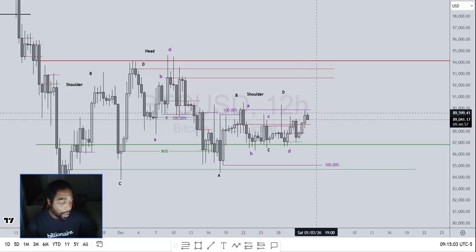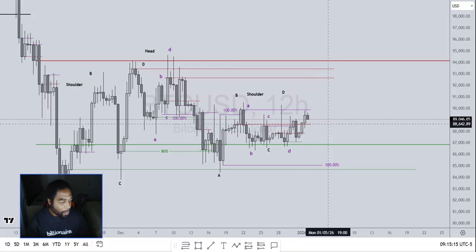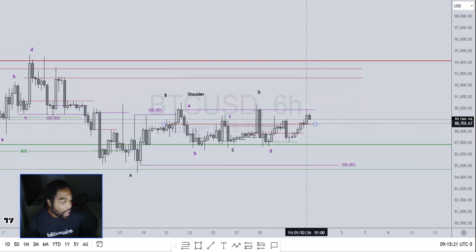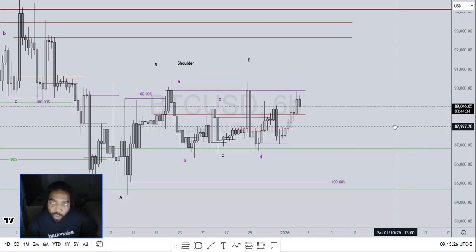Now, to determine what price is doing, our job is to just read this price action and understand what price is doing right now. You feel me? So to determine what price is doing on the 12-hour, inside of this 12-hour price action, we scale down to the 6-hour to see what price is doing structurally inside of that 12-hour price action.